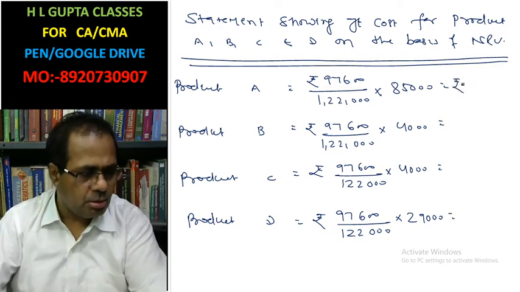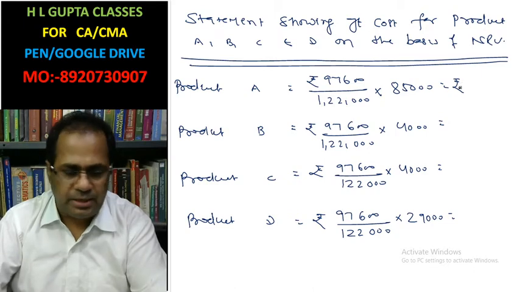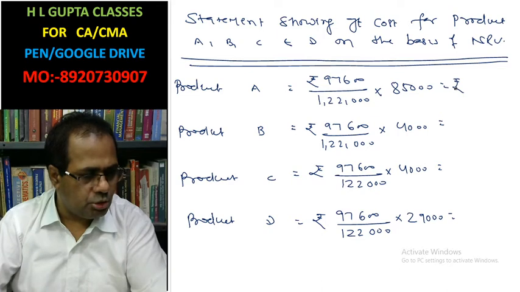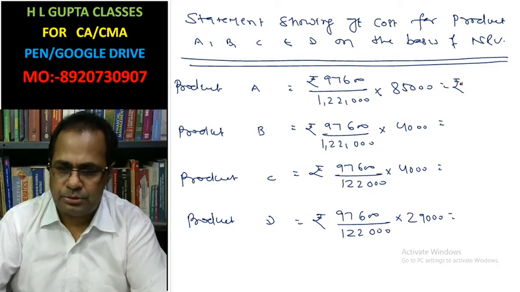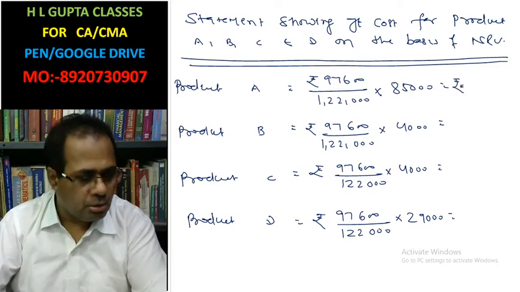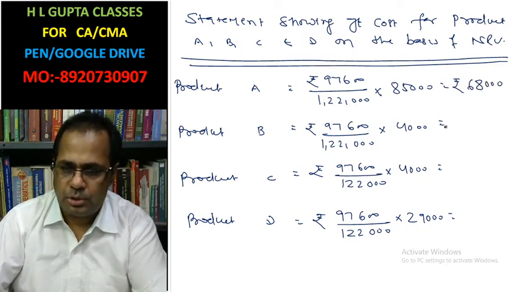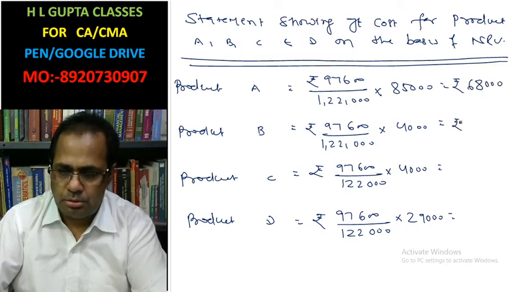Rupees 85,000 into 0.8 is 68,000. This is 3,200.